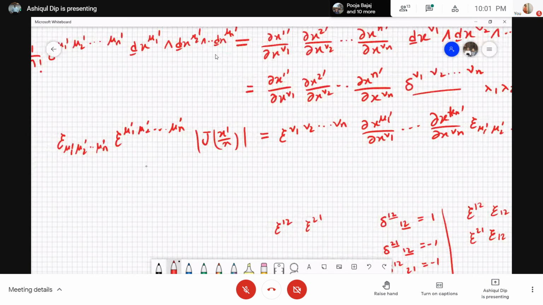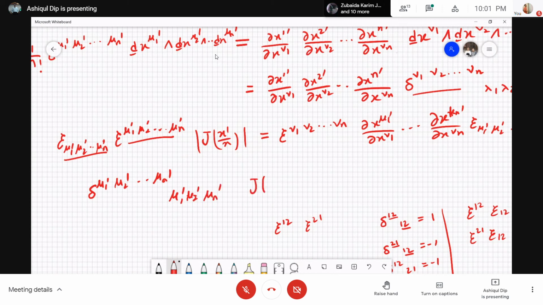Okay, so now as you can see, these indices are all summed. So this is nothing but Kronecker delta mu1 prime mu2 prime up to mu(n) prime, mu1 prime mu2 prime up to mu(n) prime times j, this thing equals this right hand side.